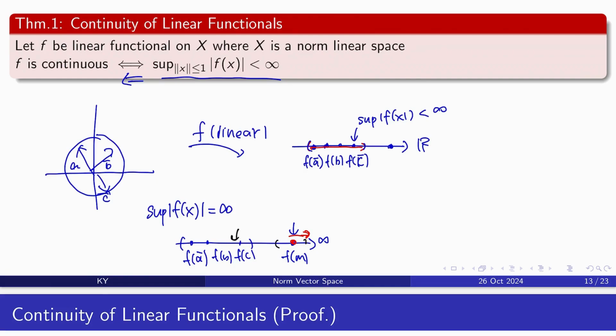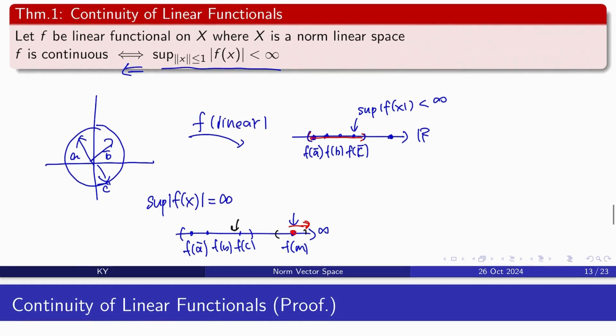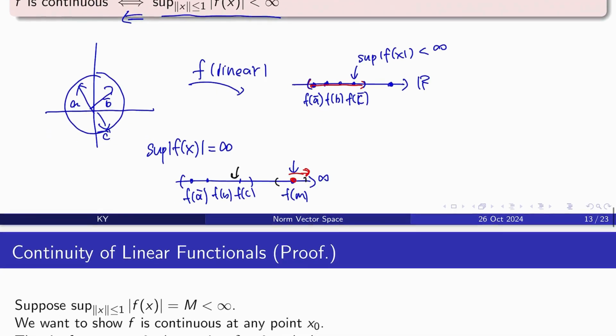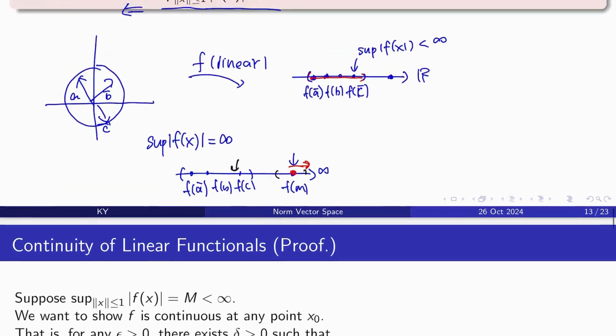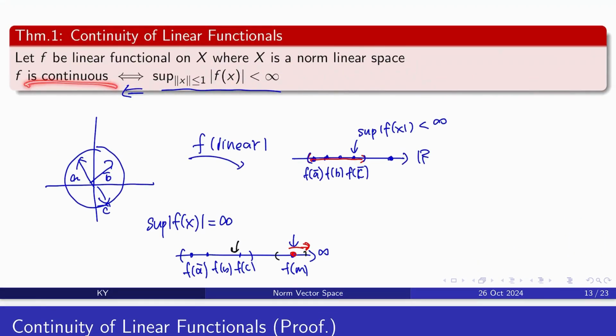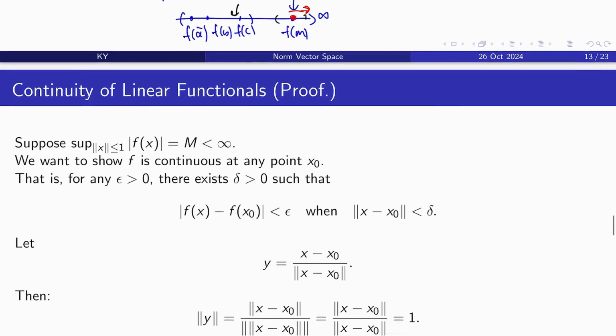I thought it would be nice to give you a proof from right to left. So let's look at the proof. First of all, we have to show f is continuous using the assumption of this guy.